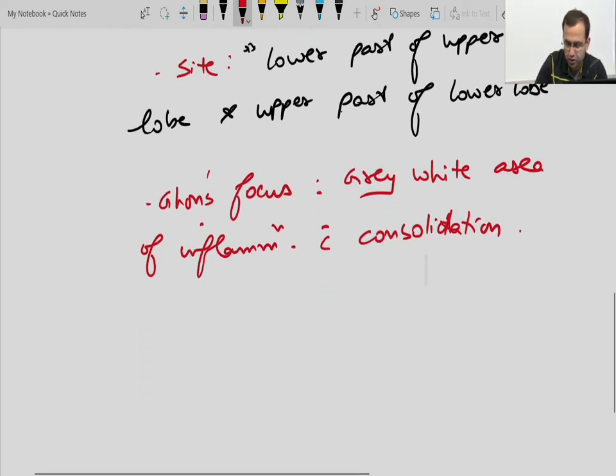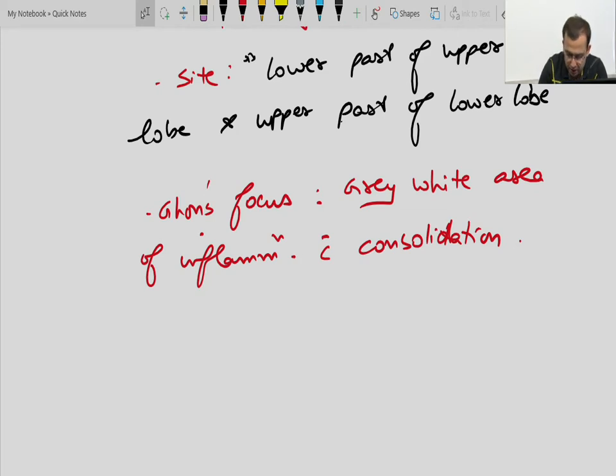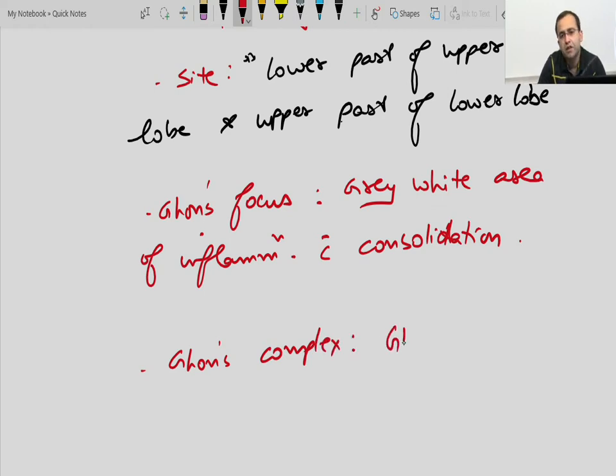Next is Ghon's complex, which is Ghon's focus plus regional lymph node involvement.